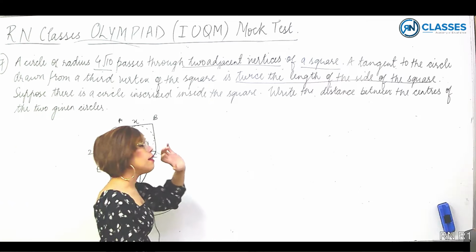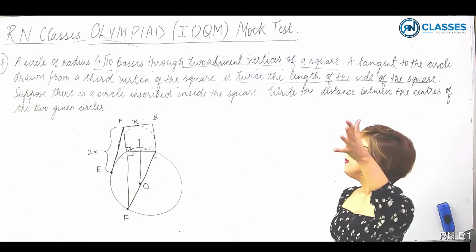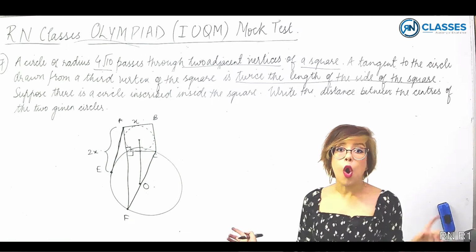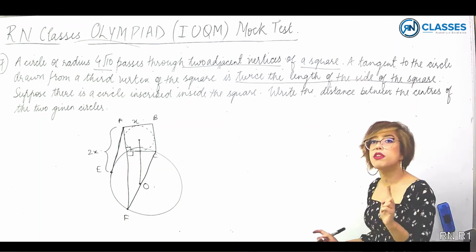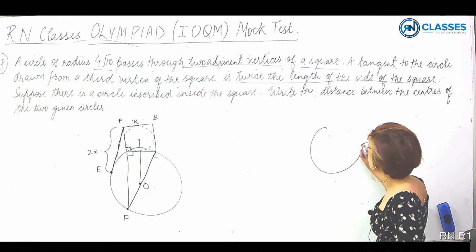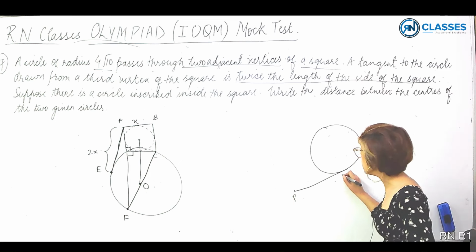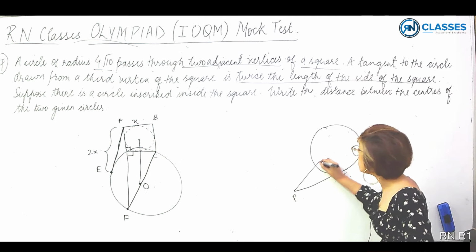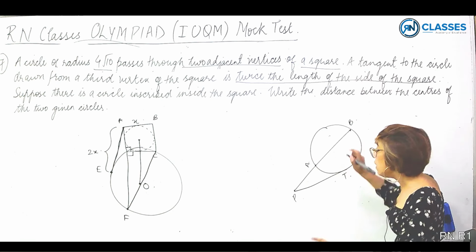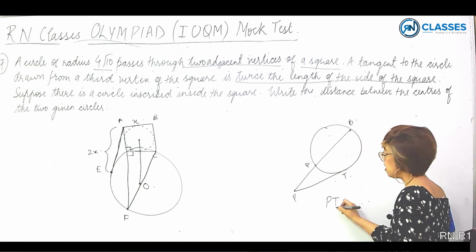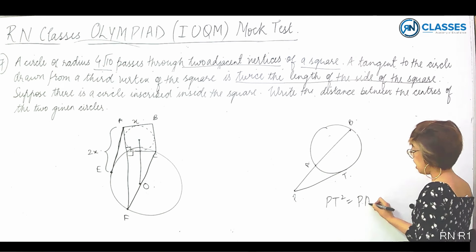Now, in a circle, there are very few results regarding the tangent. Either the 90 degree can be used, or the lengths of the tangents from an external point are equal. Or the third very important result in circles, especially with regard to tangents, is this one. From a point, if I have my tangent, suppose this is PT, and from this point I have my secant, and suppose these points are A and B. I know that PT square is equal to PA into PB.